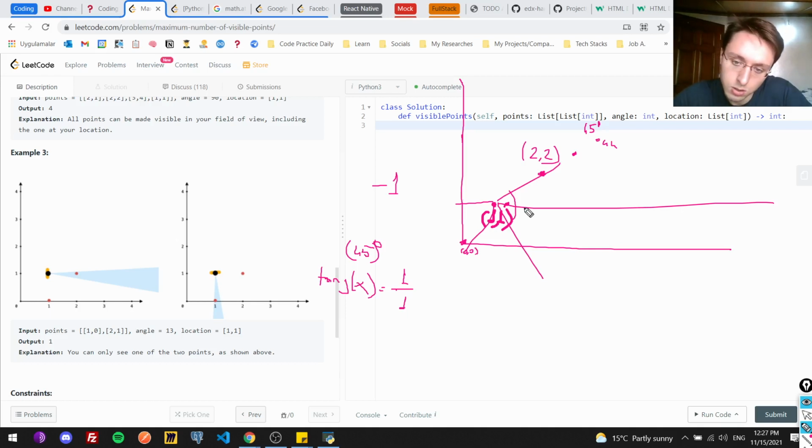And what's the thing here? This is 20. So here we see it, and it should be in between this.